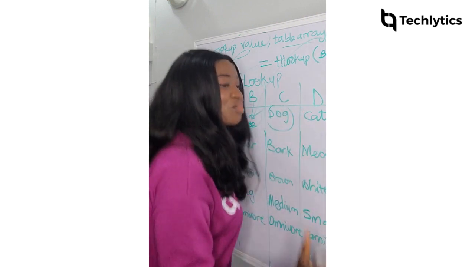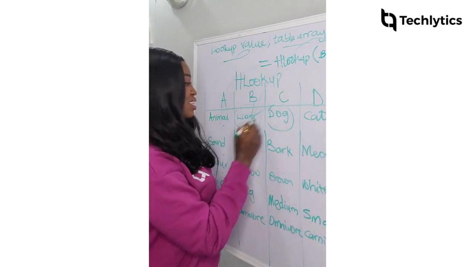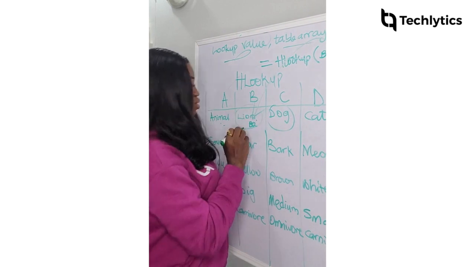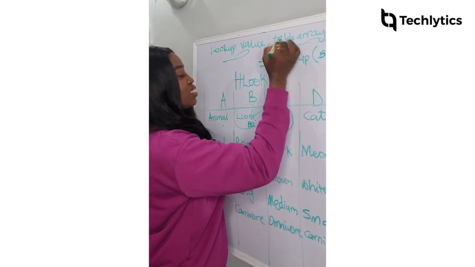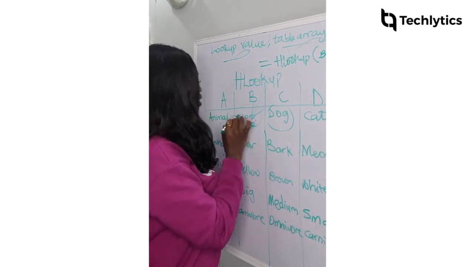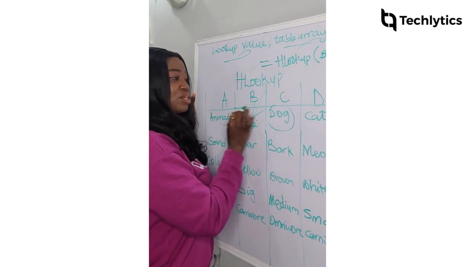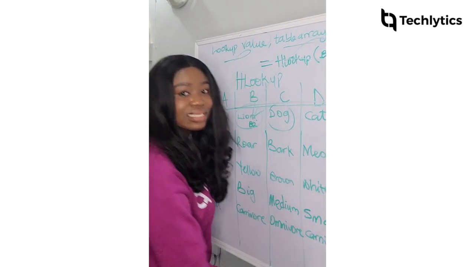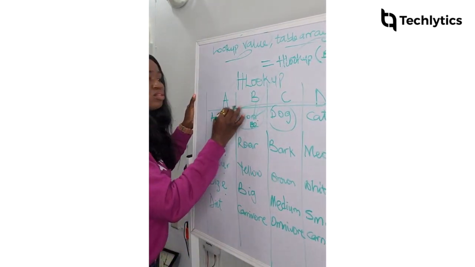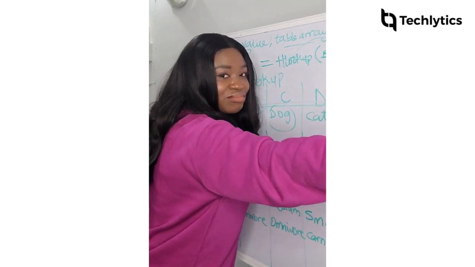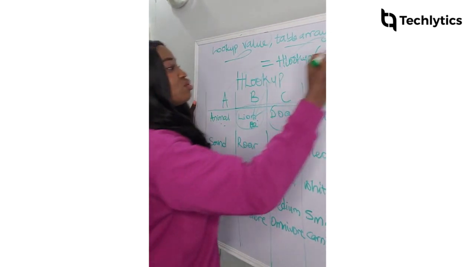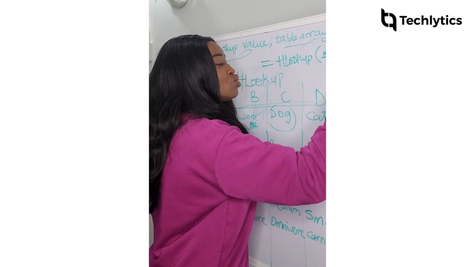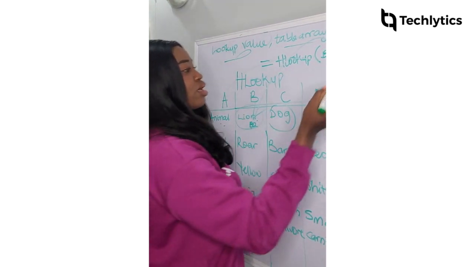In HLOOKUP, make sure it's on the topmost part. So in this case it's my lion, B2. My table array can be anything. It can be from B2 up to E2, or B2 to anywhere my data extends to.